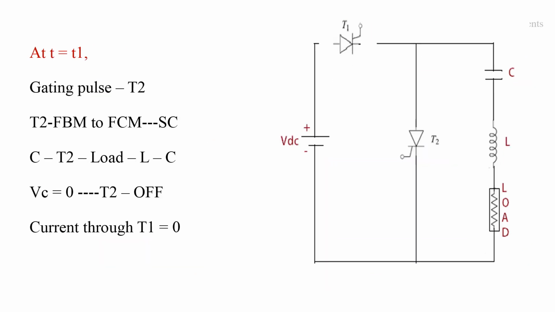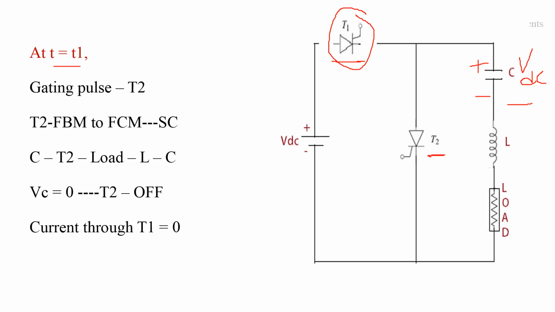In the previous case, capacitor C charges with the upper plate as positive and the lower plate as negative, and it has the voltage VDC. Whenever VC is equal to VDC, the current flowing through thyristor T1 is 0 and thyristor T1 comes into the off state. Now at time t equal to t1 we apply the gating pulse to thyristor T2.